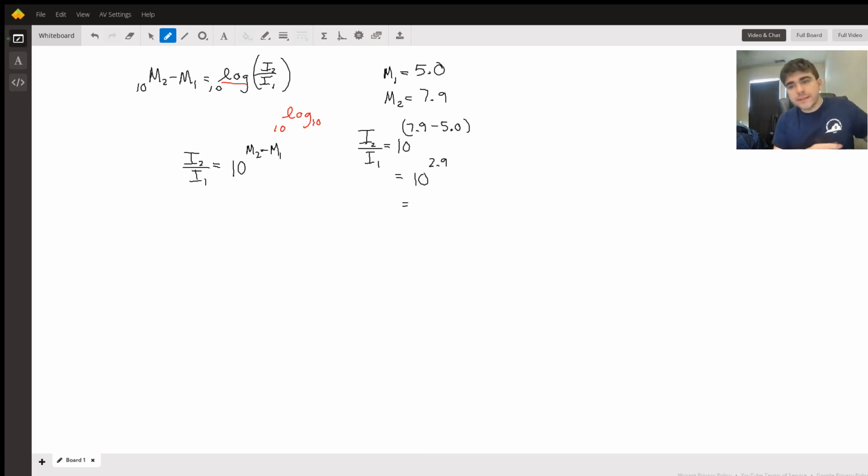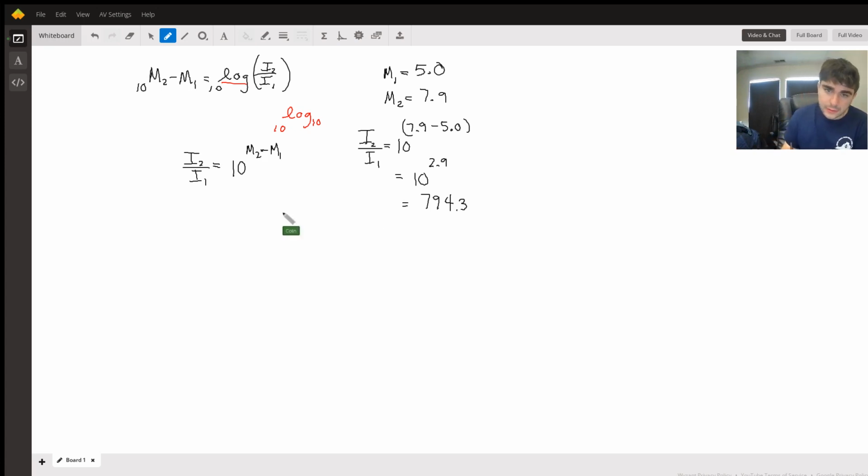So you raise this, and you would get 794.3. That is the ratio. So that's how much more intense a 7.9 earthquake is in comparison to a 5.0.